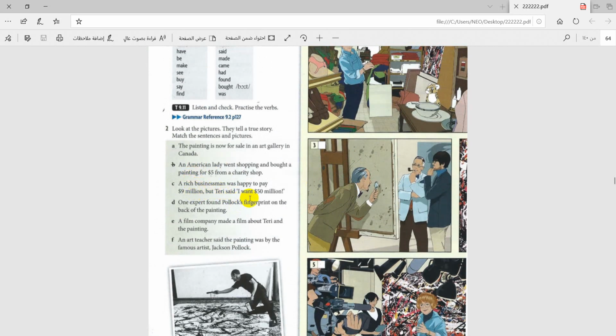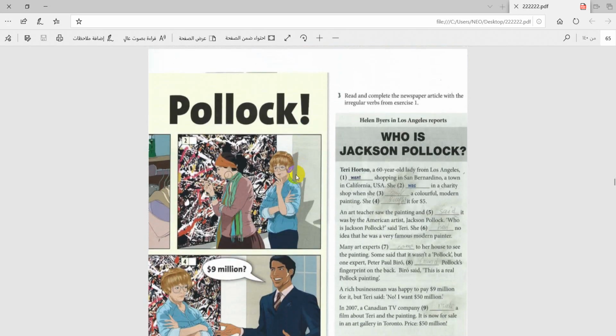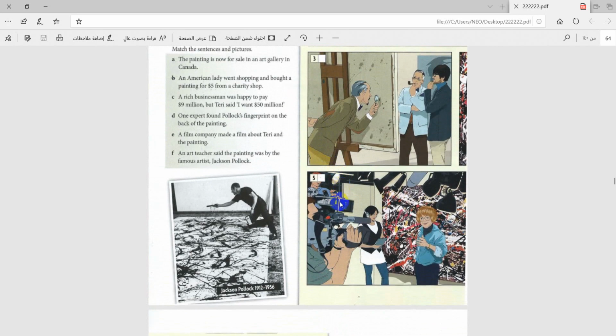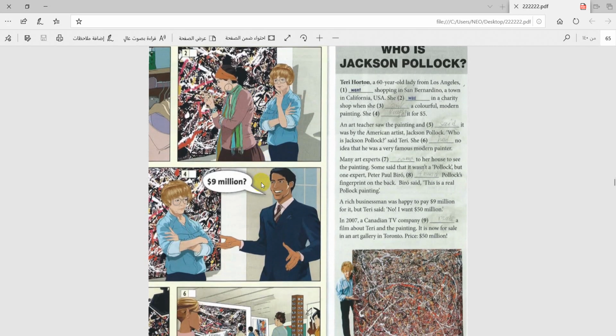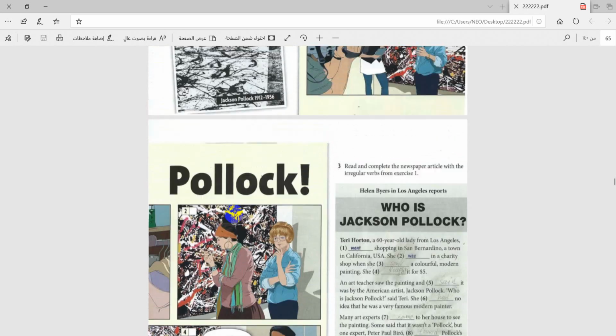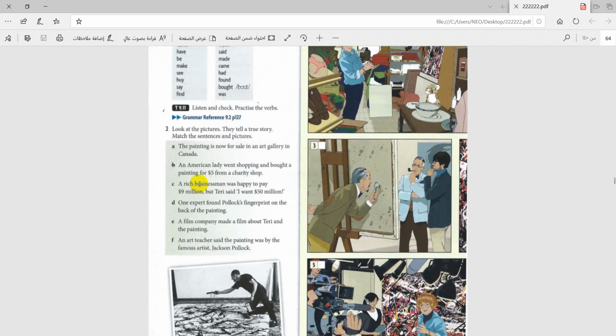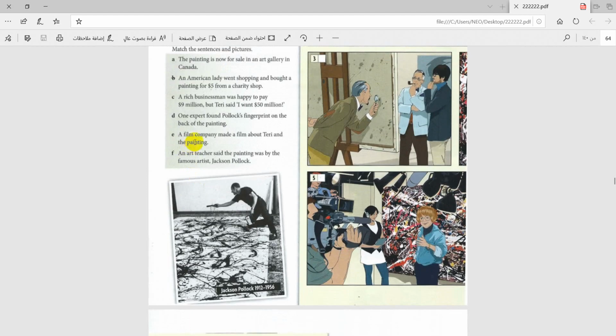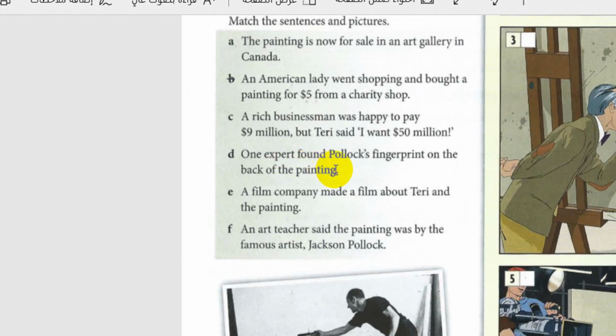A rich businessman was happy to pay $9 million, but Terry said, I want $50 million. It will be number 4, this one. One expert found Pollock's fingerprint on the back of the painting.